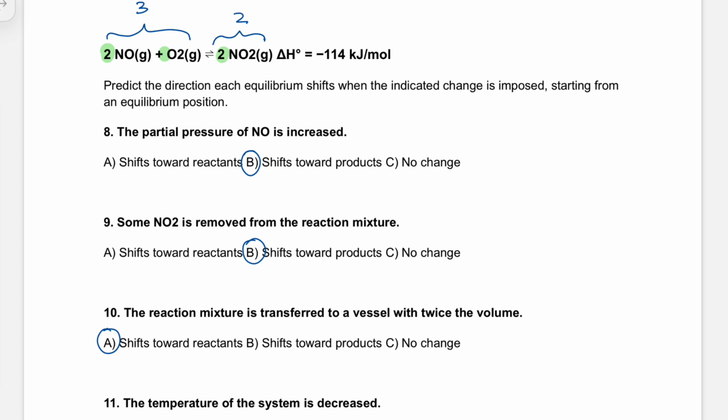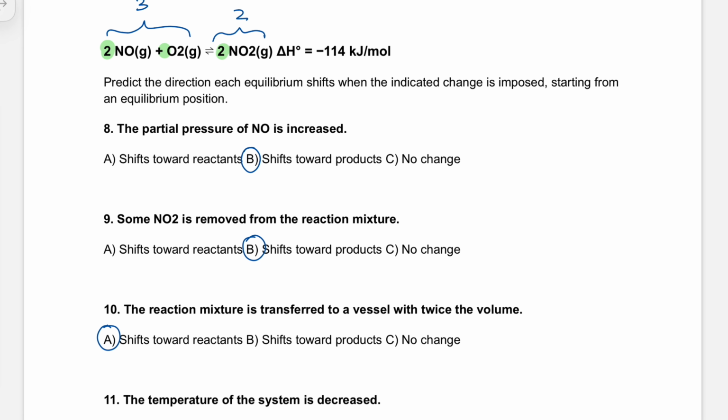On number 11, the temperature of the system is decreased. So when we look at temperature, we want to look at this value right here. So this is an exothermic reaction because we have a negative in front of here. So the forward reaction is exothermic.